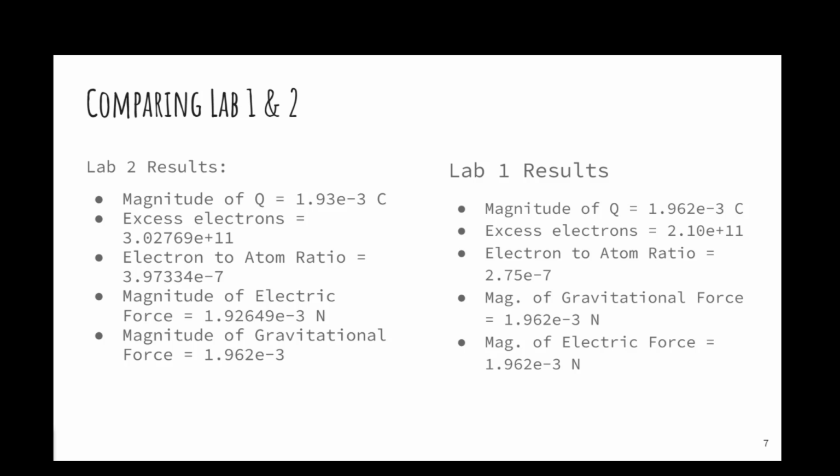There are more excess electrons in Lab 2 results as opposed to Lab 1. The electron to atom ratio in Lab 2 is also bigger than it was in Lab 1. The magnitude of the electric force is roughly the same, and the magnitude of the gravitational force is also roughly the same.